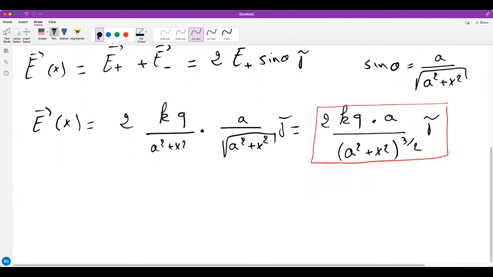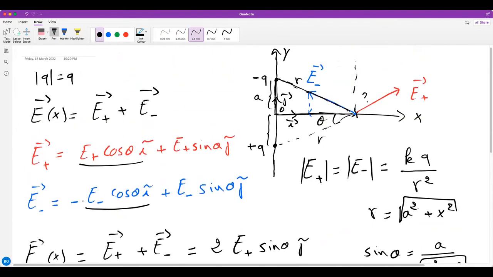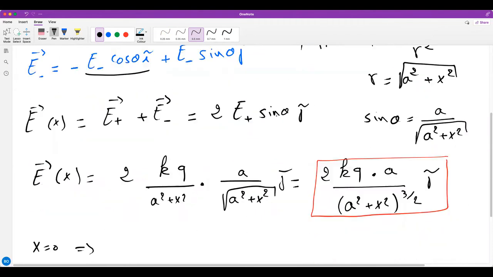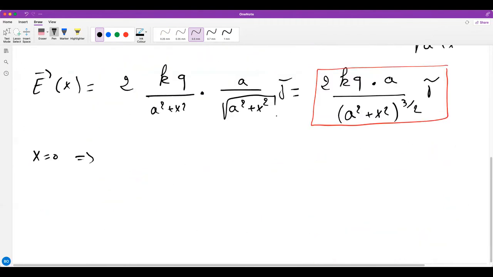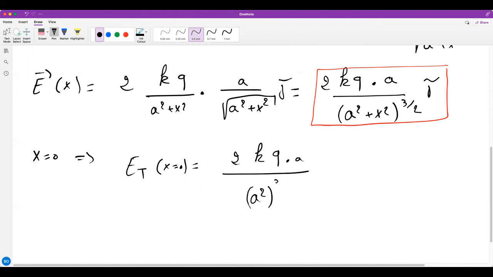Now, if x is equal to 0, which means I am looking at the electric field at this location here, then all I have to do is to replace x by its value, and then the total electric field in magnitude at x equals 0 will be equal to 2KQ times A over A squared to the power of 3/2, which will give me 2KQ over A squared.